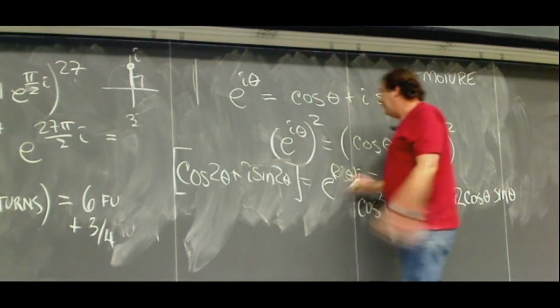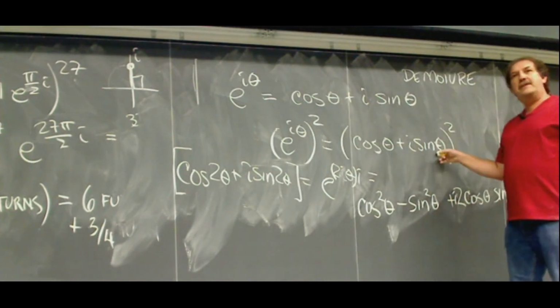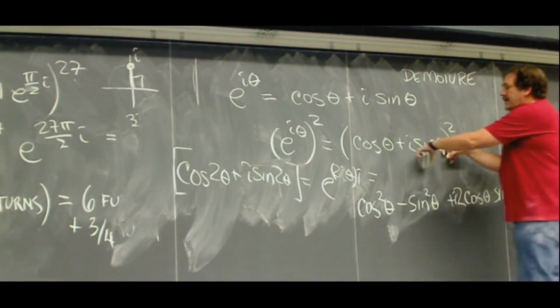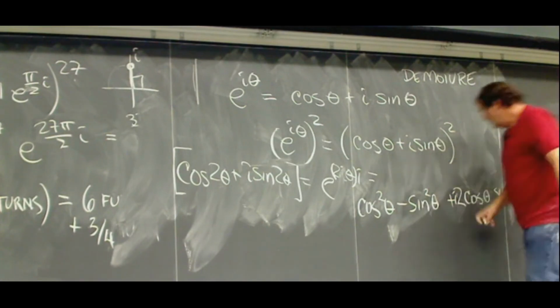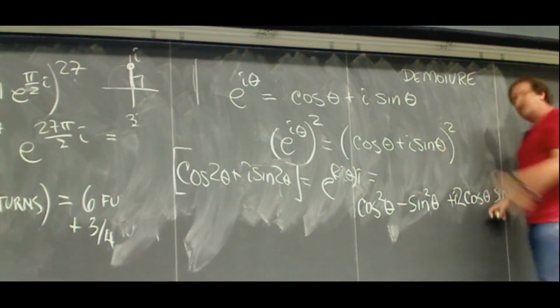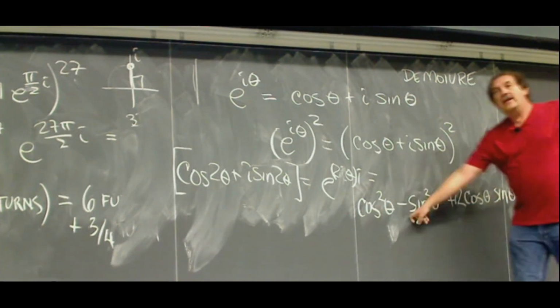Second part, FOIL this out. I'm going to multiply this by itself. I get cosine squared. I get i squared sine squared, which is there. And I get a middle term, cosine sine twice. So this is the first, middle, last.